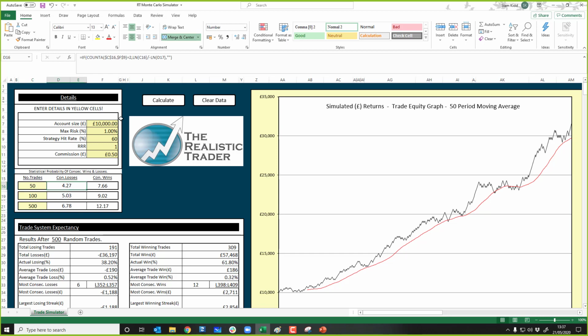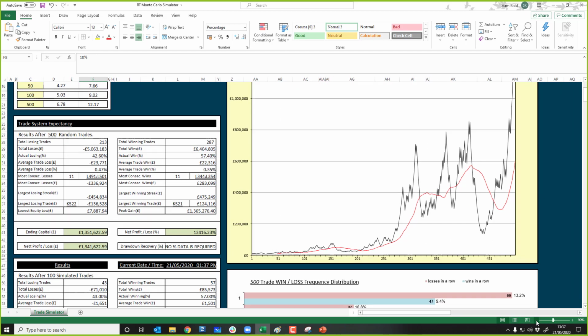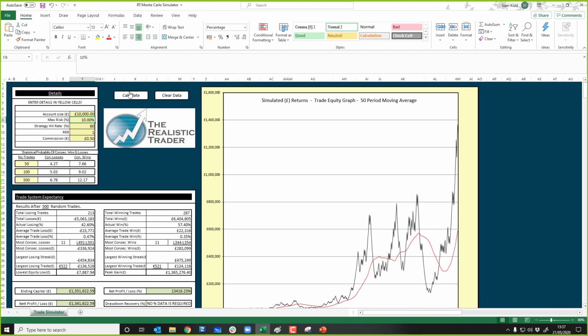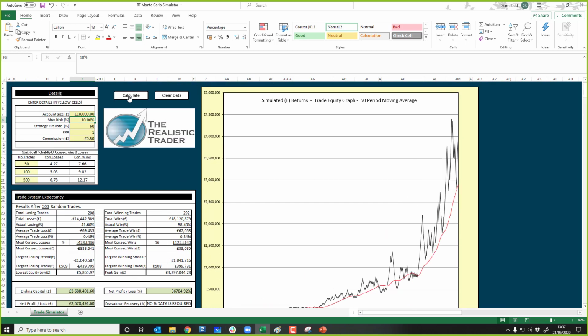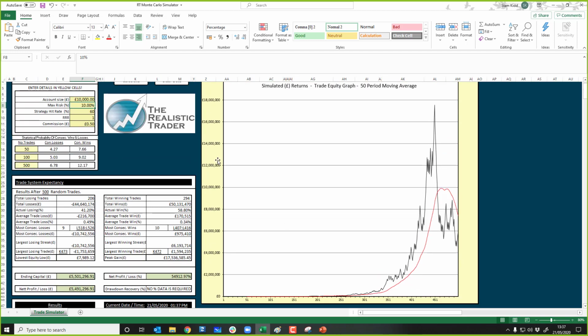So this is why you still need to be careful. Look at this. If I just put this to 10% max risk, we know this is a profitable system, but if we zoom out a bit so we can see this chart, obviously this one looks crazy. We will have systems which should lose a lot of money.